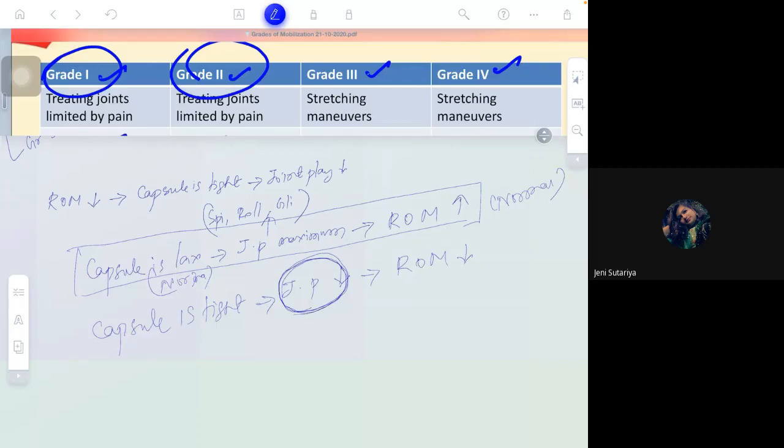What is the treatment in this second condition? You have to increase the joint play. If you increase the joint play, range of motion will increase, you know.